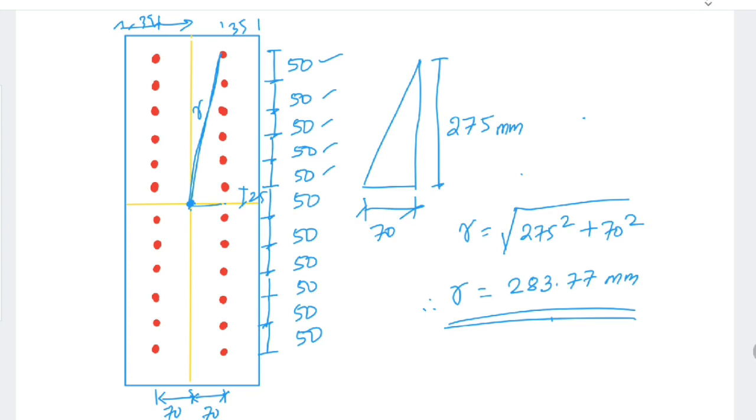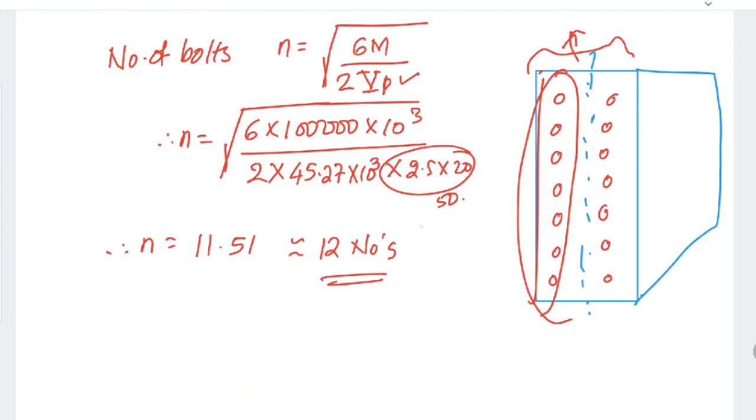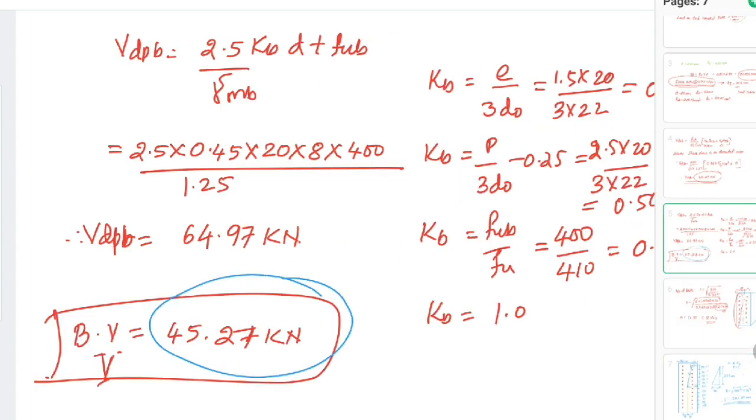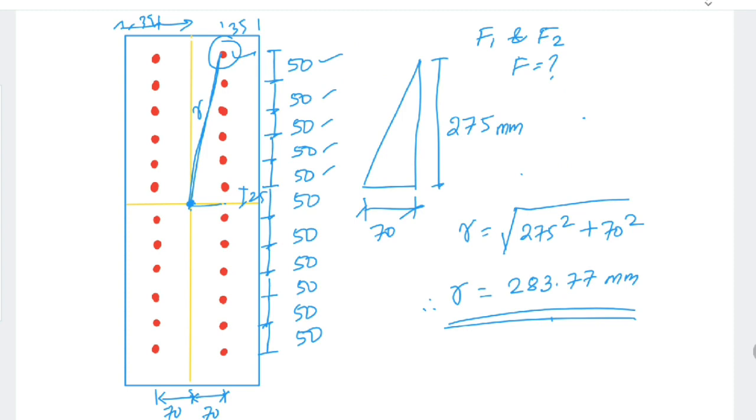Now, actually why I am calculating these things is that I need to find out F1 and F2 as well as the resultant of F. When you calculate the resultant F, you need to compare it with the bolt value, so that the stress acting on the extreme bolt is well within the capacity. The stress acting on this bolt should be less than the bolt value, then only I can call this a safe design.